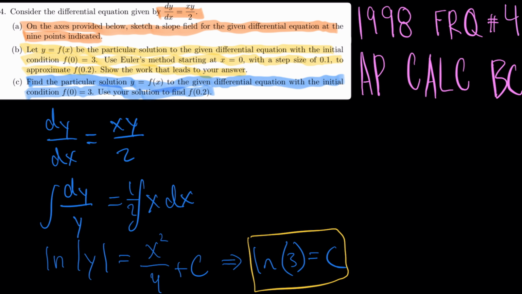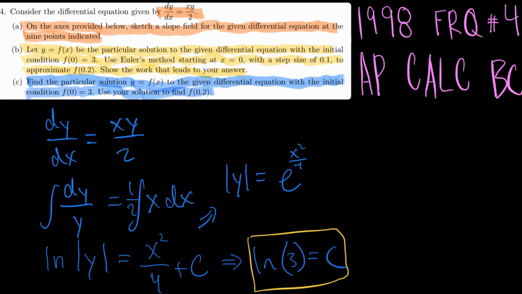So to isolate y now, I'm going to raise both sides as a power of e. So that means we'll get the absolute value of y equals e to the x squared over 4 plus ln of 3.